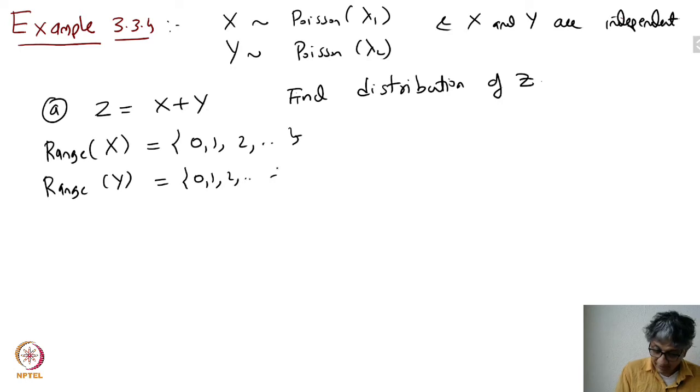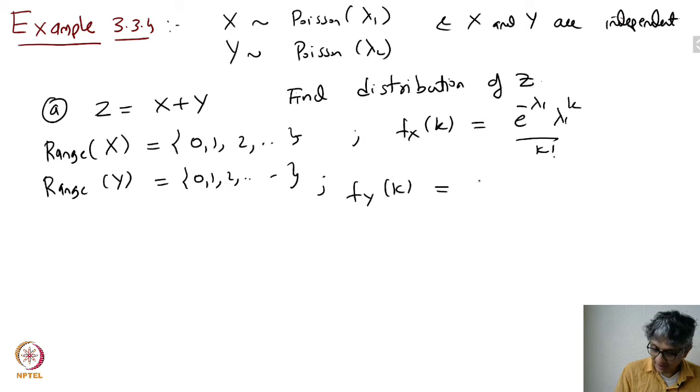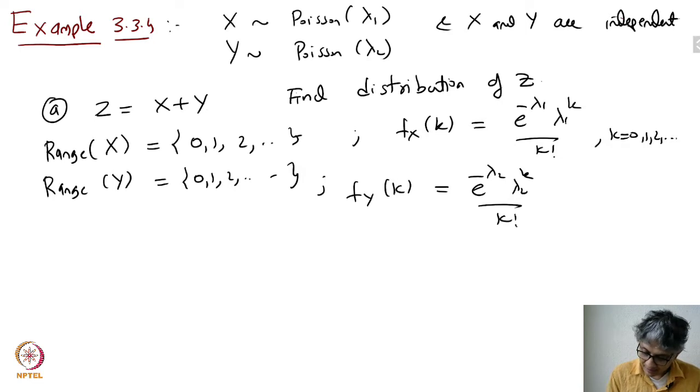And we also know that the probability mass function of x is given by e to the minus lambda 1, lambda 1 to the power k by k factorial, and the probability mass function of y is given by e to the minus lambda 2, lambda 2 to the power k by k factorial. This is for k equal to 0, 1, 2, and so on. So it's the same thing for both.